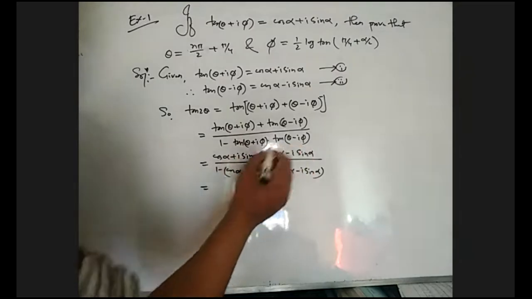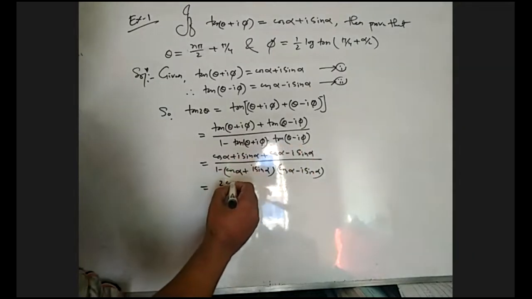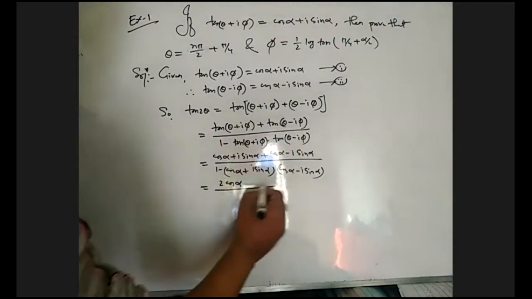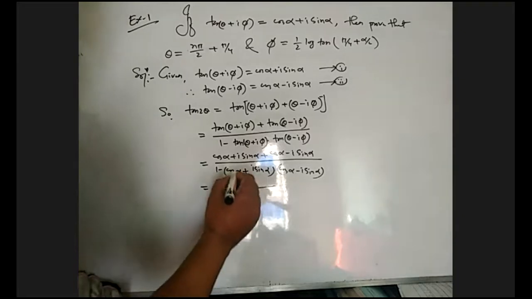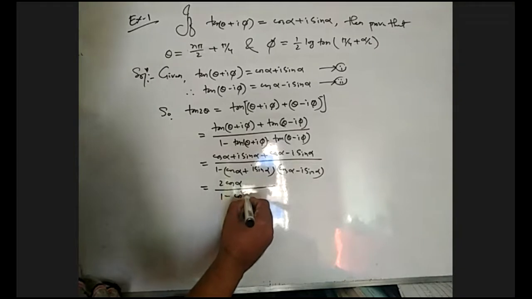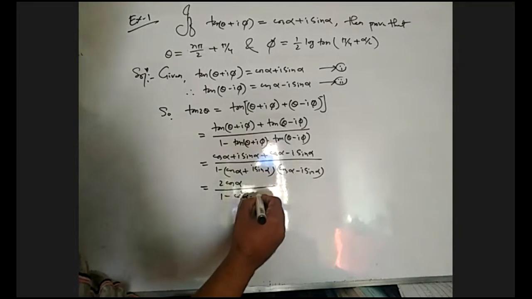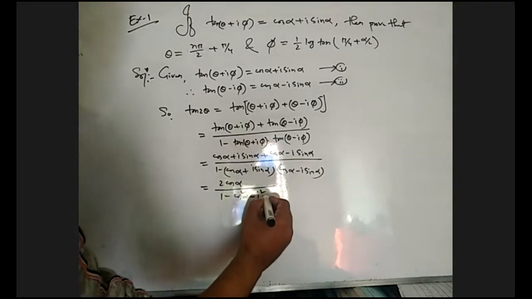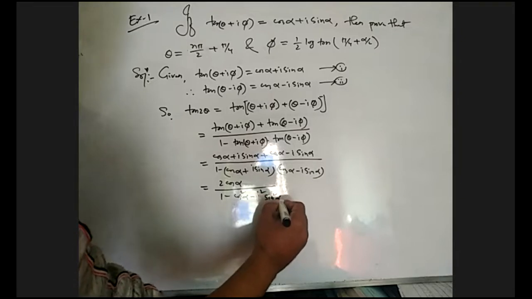So this i sin alpha will be cancelled. So cos alpha will be twice cos alpha. 1 minus, this is A plus B into A minus B, that means A square minus B square formula, right? Sin square alpha.